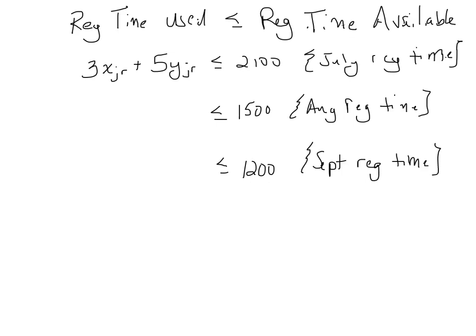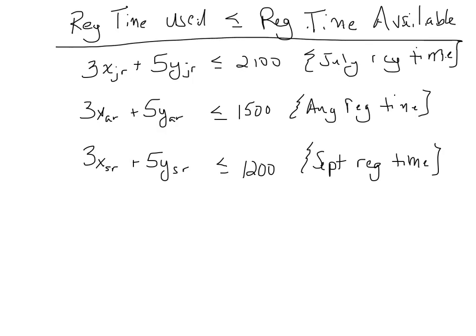And again, it took 3 hours. It's XAR now, plus 5 Y sub AR. And then we have 3X SR plus 5 Y SR. So that's regular time is what we're dealing with right there. So we have 3 constraints.